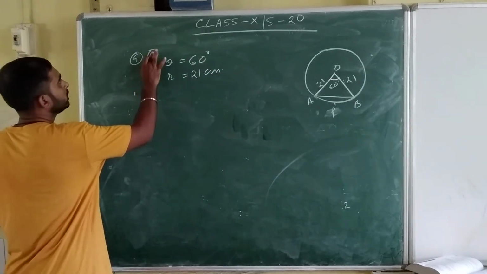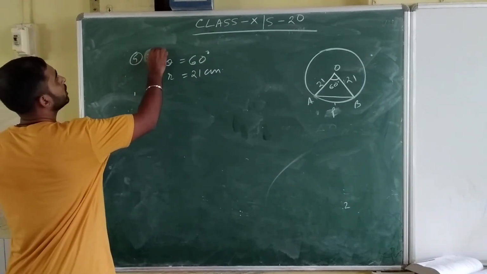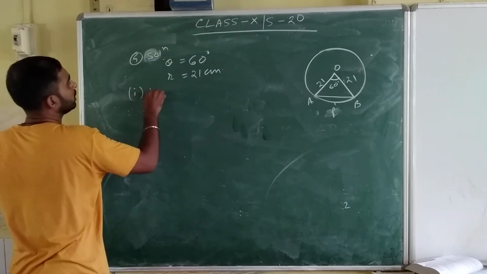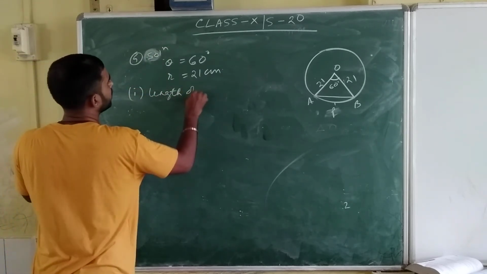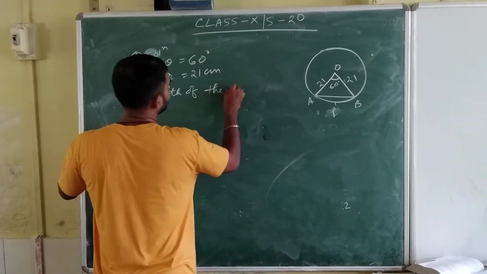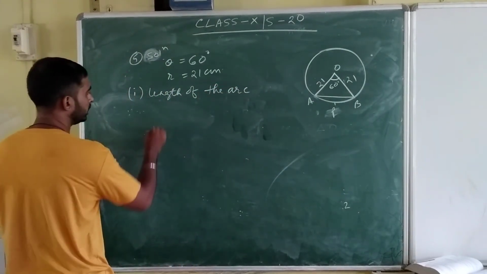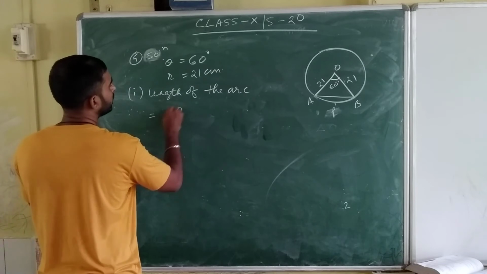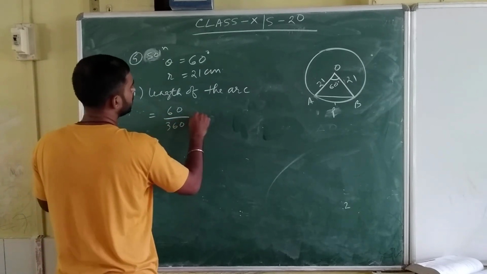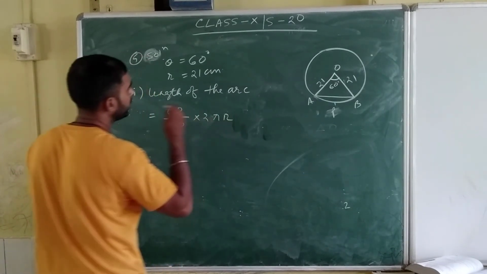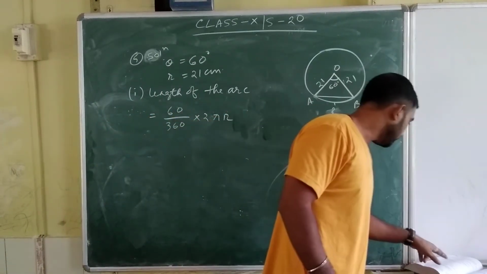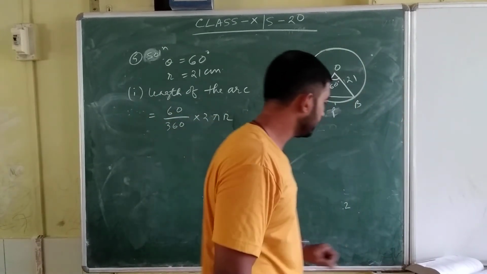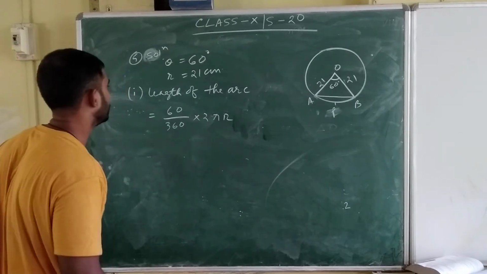So number 1, length of the arc. Length of the arc equals theta by 360 into 2 pi r. Here pi is how much? Here pi is not given, so pi is 22 by 7.